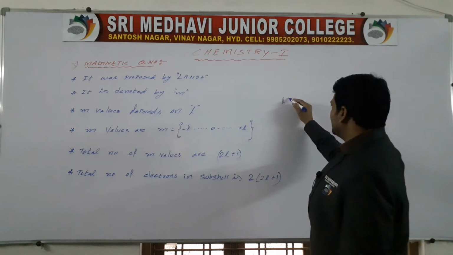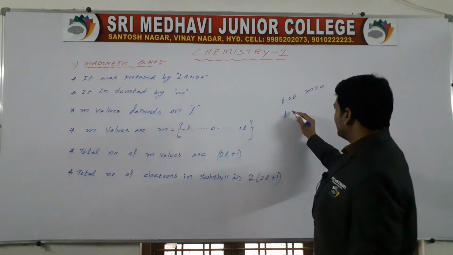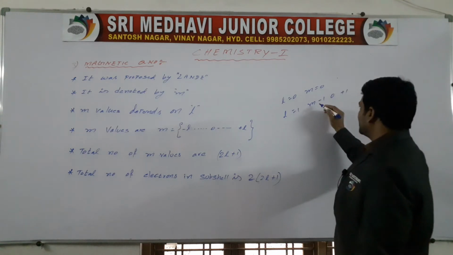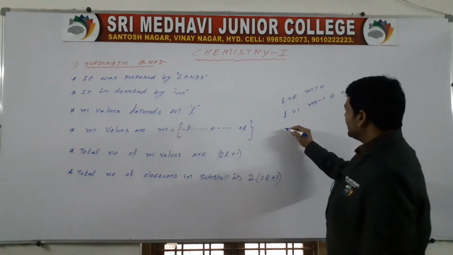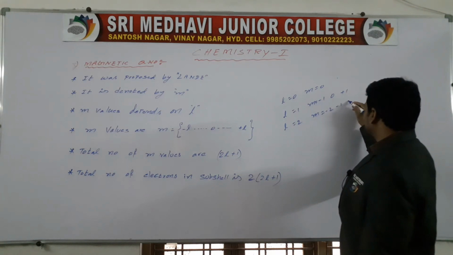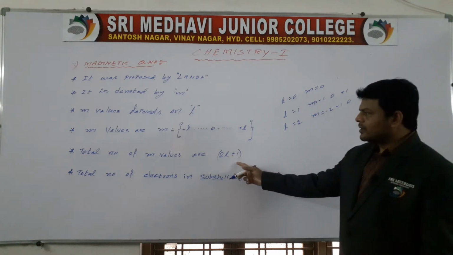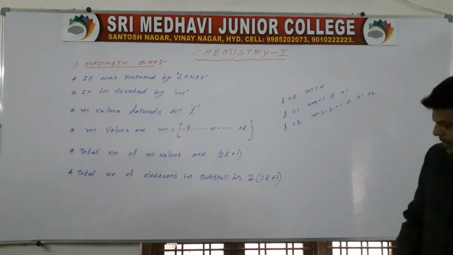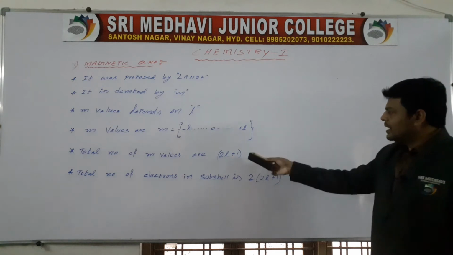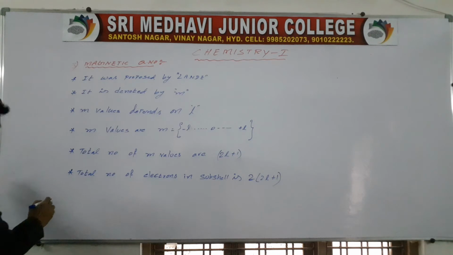L equal to 0 means m is 0. If L is equal to 1, m equals minus 1, 0, plus 1. If L is equal to 2, m is minus 2, minus 1, 0, plus 1, plus 2, like this. This is how we calculate the total number of m values and the total number of electrons in a subshell.